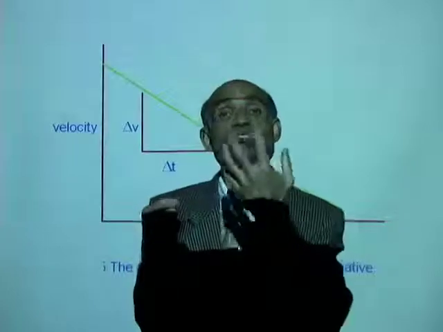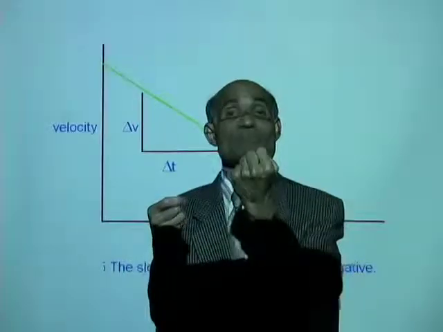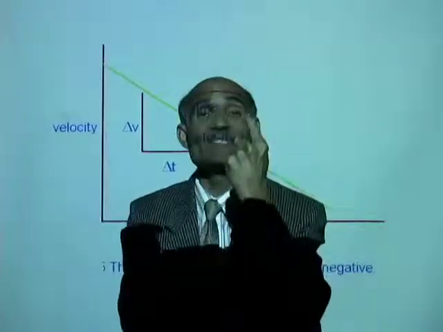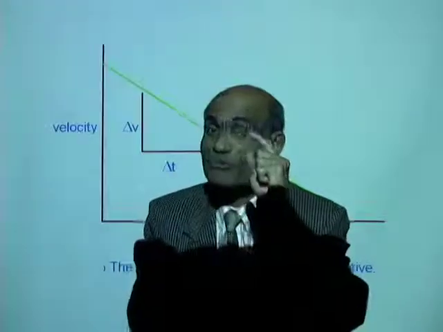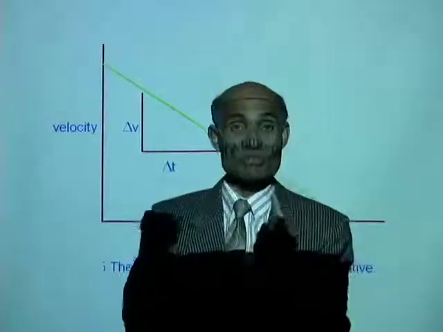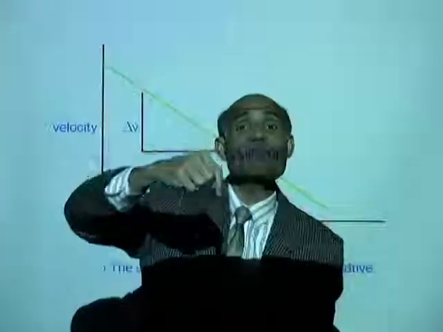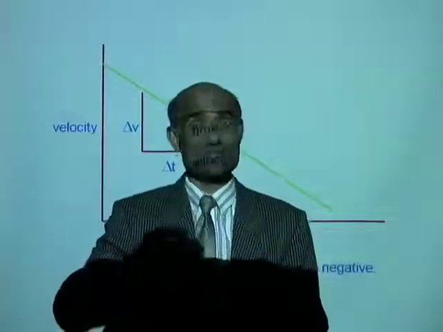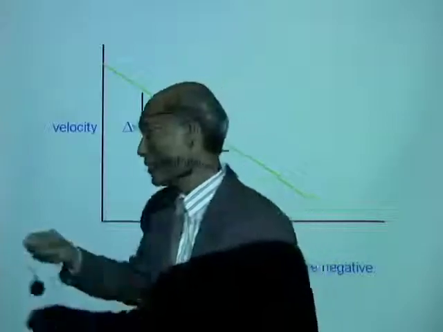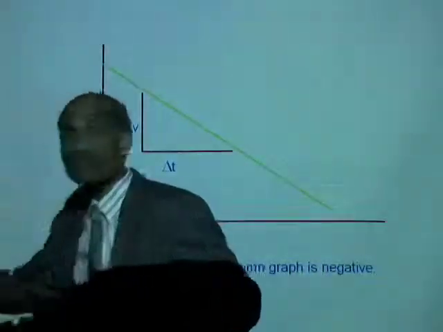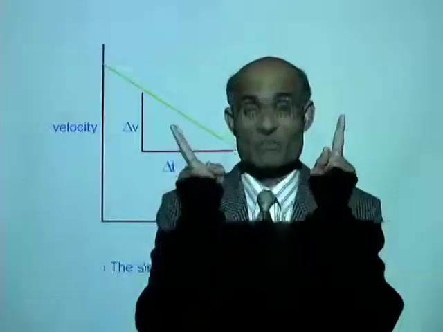Is that acceleration positive or negative? We will use it as negative, not because the speed of the object is reducing, but because the acceleration is directed in the negative y direction. You see that? So, we will use negative acceleration in those two senses.